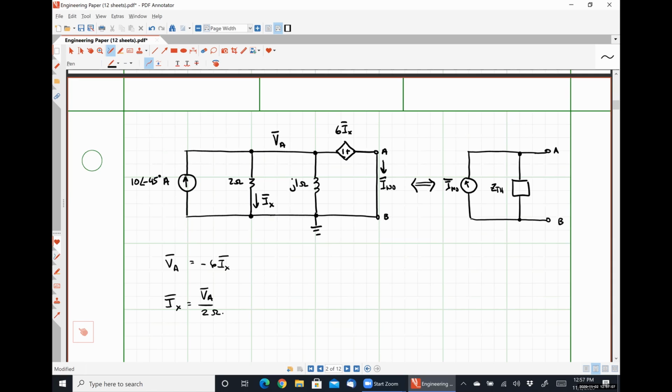Right? Anybody got any beef with what I've done thus far? So if we do substitution here, VA is equal to -6 times VA over 2 ohms, which tells me that, let's see, -6 over 2 is -3, so 4 VA is equal to 0.